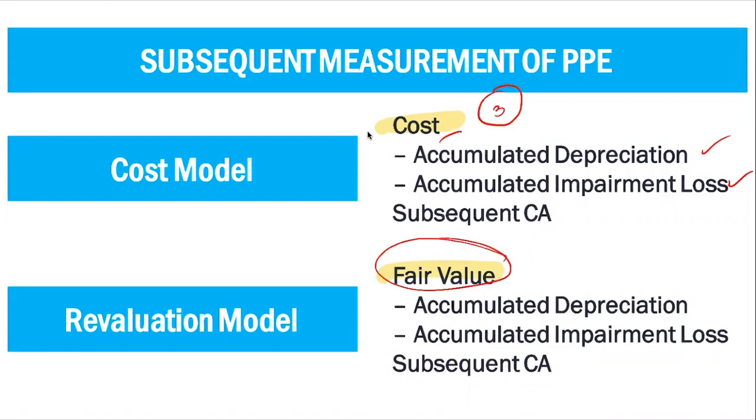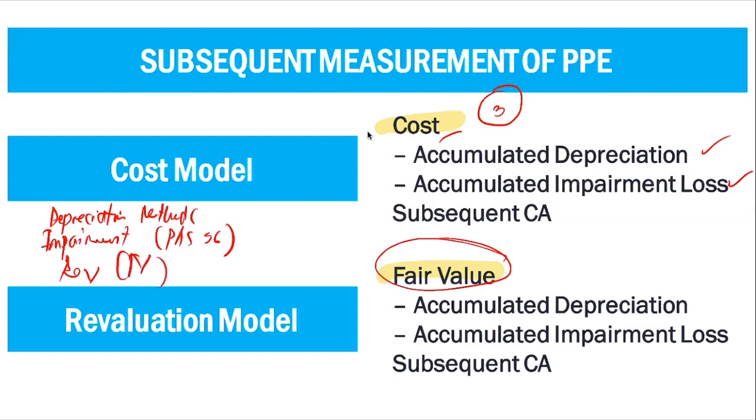So for this particular session or topic or slide, we are to discuss your depreciation methods, because they are common both for cost and for revaluation. Also, your impairment under PAS 36. And then your revaluation model, which is the fair value measurement of your property, plant, and equipment.